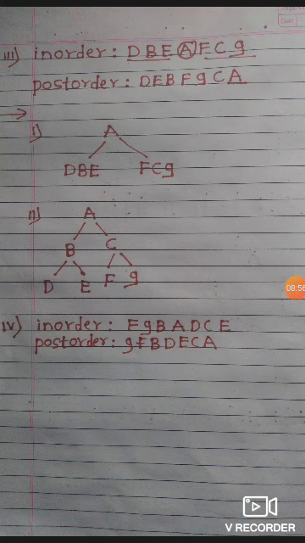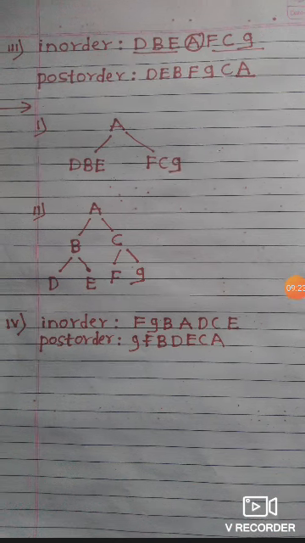As we make A the root, we search for character A in the in order sequence. I have circled it. At the left of A, there are three characters D, B, E, so I add them on the left hand side, and at the right of A there are three characters F, C, G. I add them to the right of A.